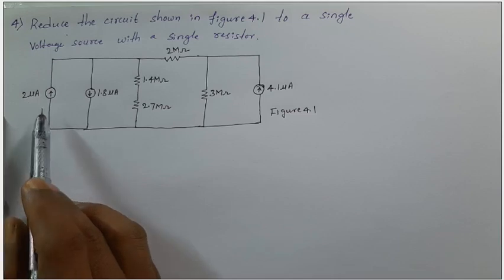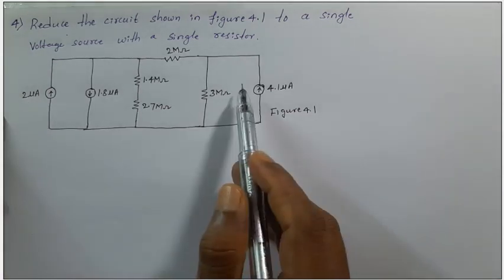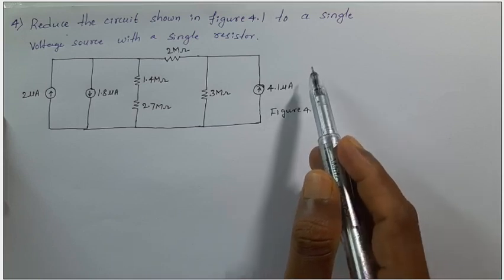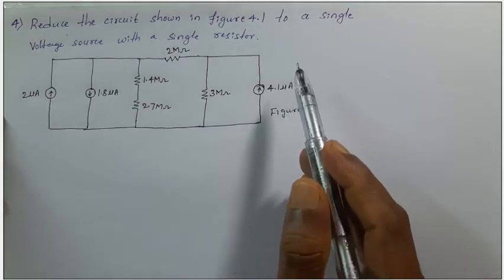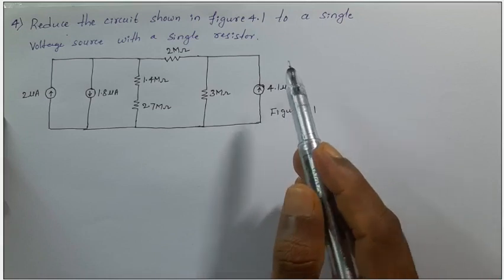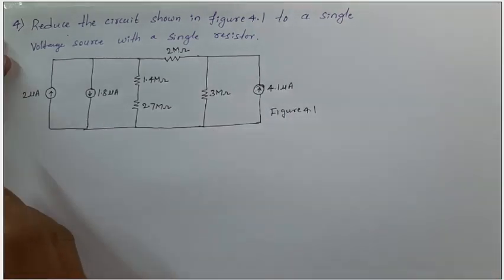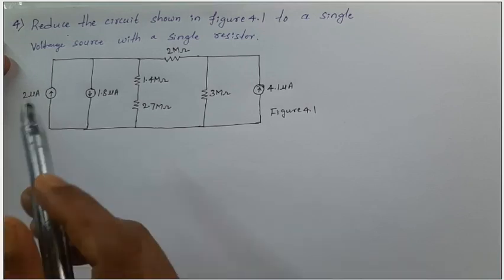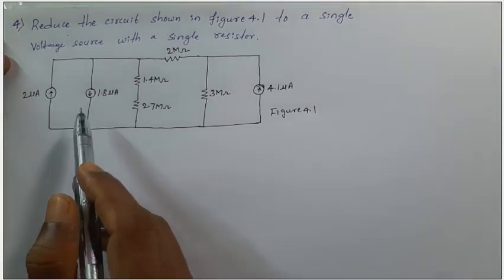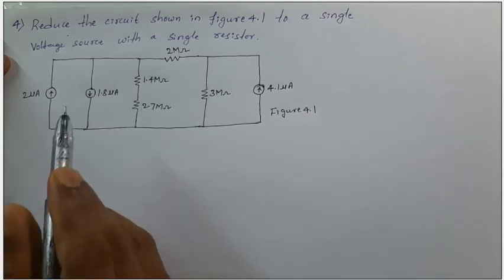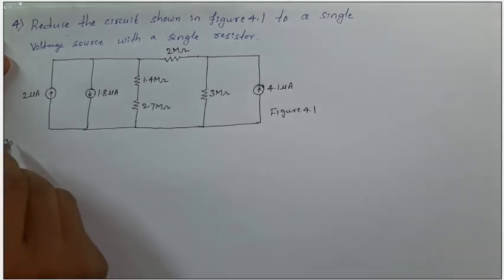If we reduce it from left to right, we will get a solution different from the one when we reduce it from right to left. Because of that, let us reduce first from left to right and later check it with right to left. Let us start with the solution.